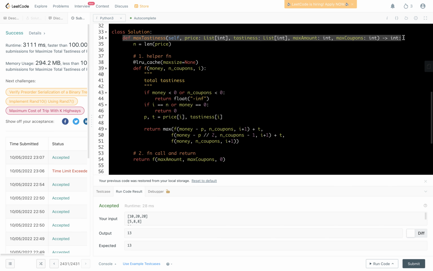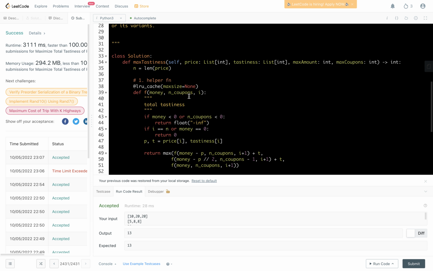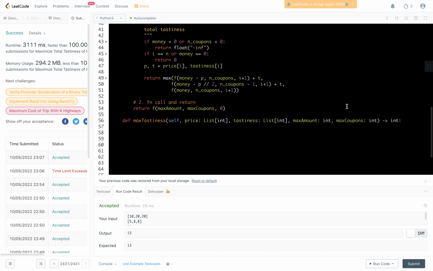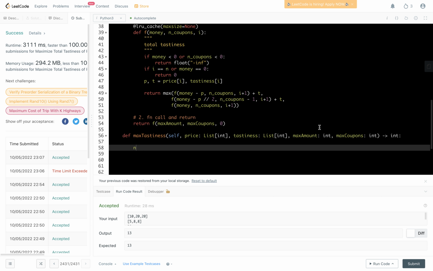Now, in order to dive deeper, I'm going to write another form of this same solution. Let me copy this function signature, and I'm going to mark this one as v1.